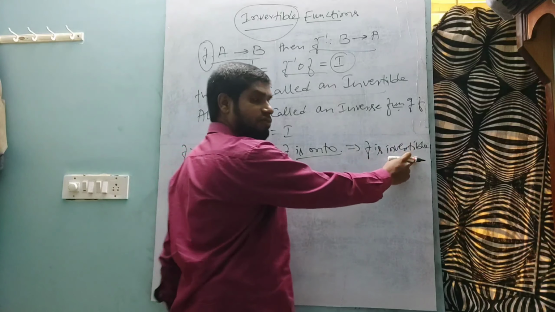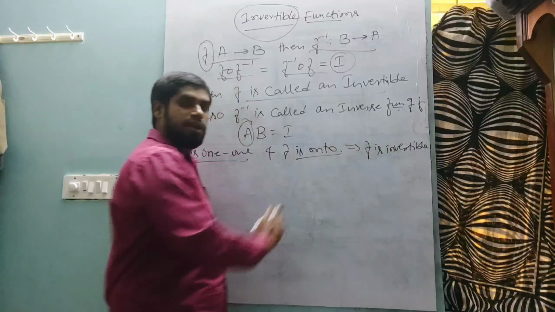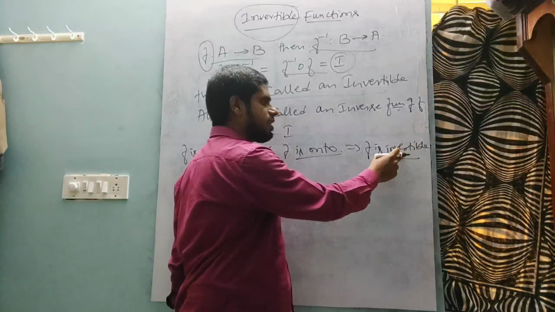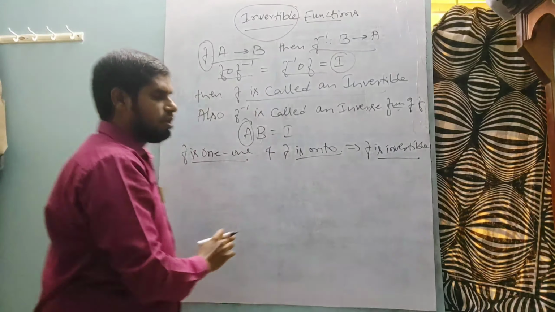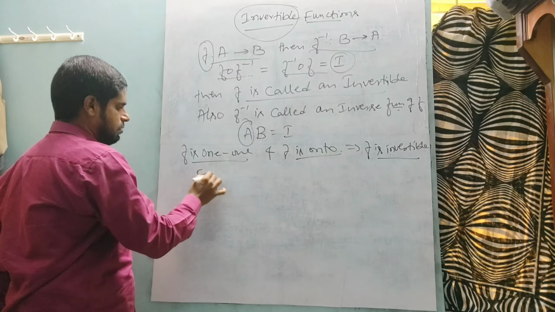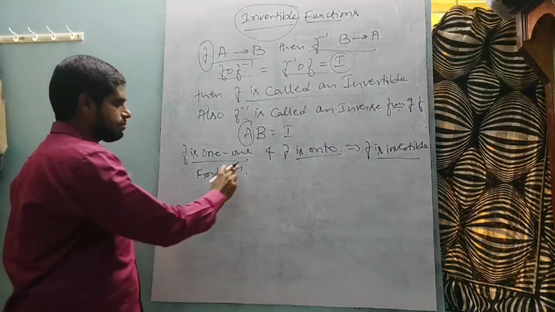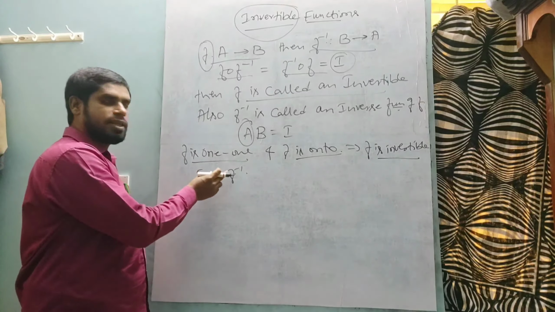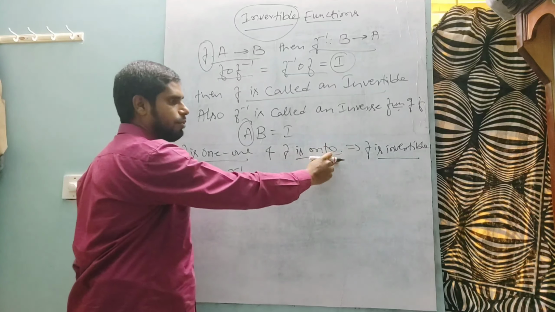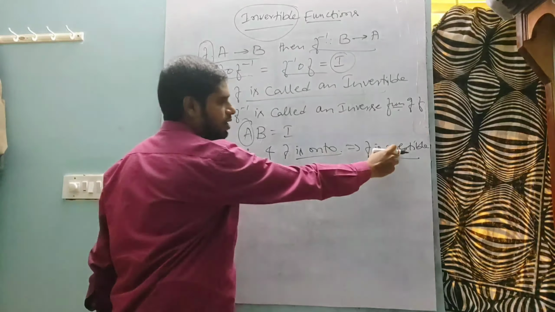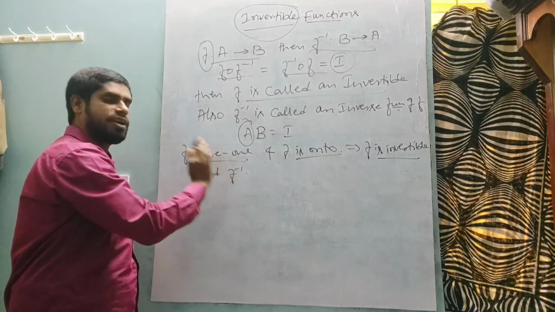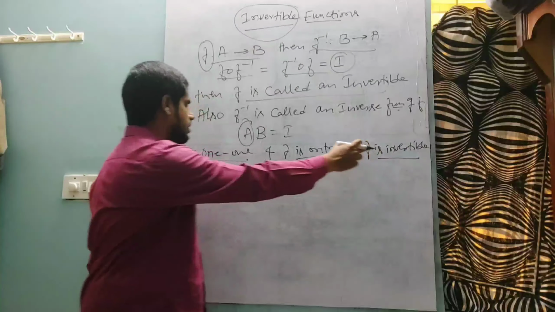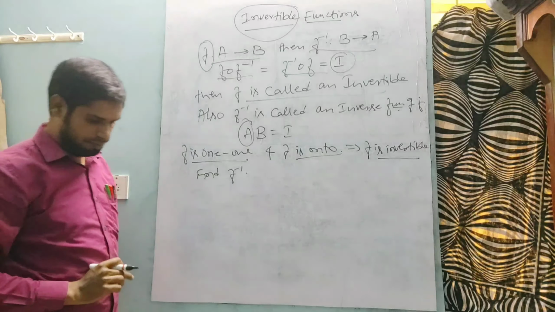After declaring f is invertible, it means that f has an inverse. Next we should find f inverse. So in the second method, we first prove 1-1, then onto. If it is both 1-1 and onto, 100% it is invertible. After that we will find the inverse, if they ask. But definitely they will ask in the exam: find invertible as well as inverse of the function.